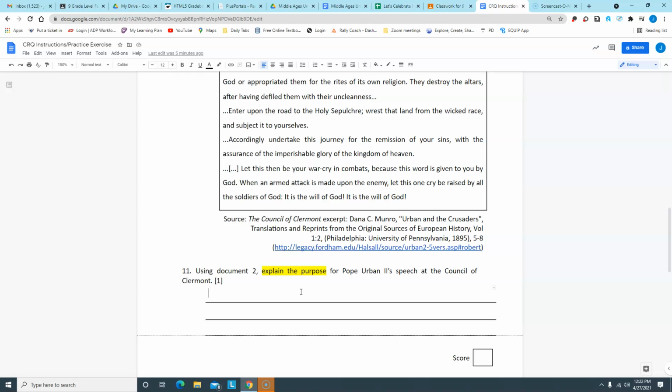Our second question has to do with explaining the purpose. Why did someone write this? What were they after? What was their goal? What were they trying to achieve? All of those guiding questions can help you explain the purpose.